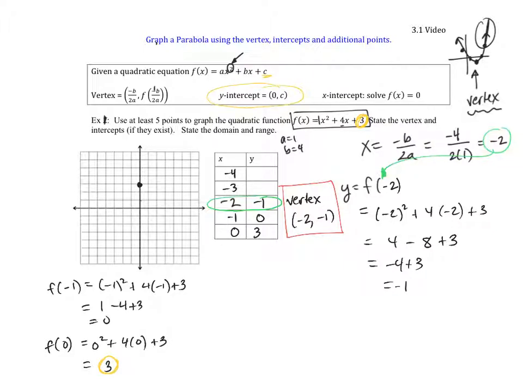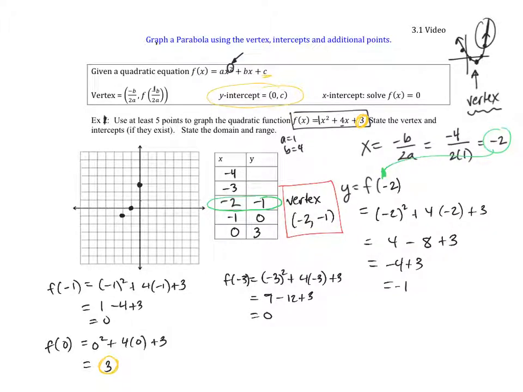All right, I'm going to start plotting some of these points. Negative 2, negative 1, negative 1, 0. Okay, we need to have a couple more, just here when x is negative 3. We would get negative 3 squared plus 4 times negative 3 plus 3. 9 minus 12 plus 3.